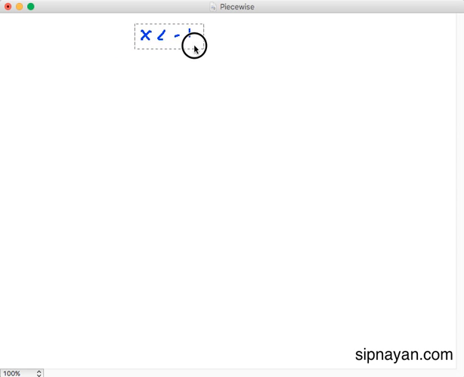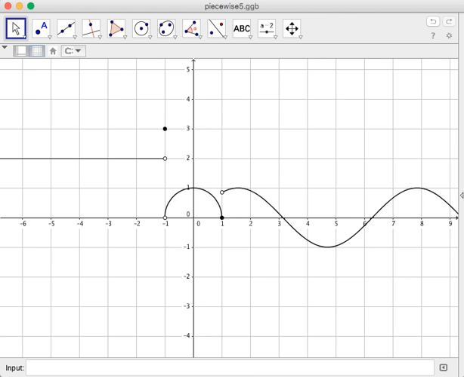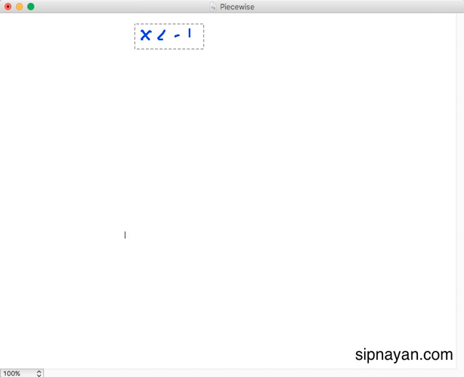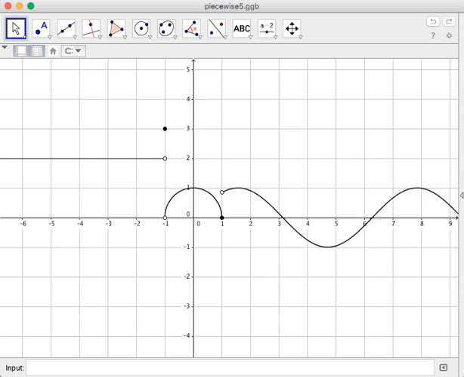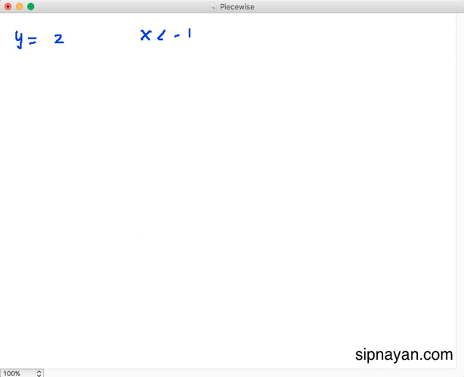Now, so what is the equation of the graph, no? Again, this is y equals 2. So, if we name the function h, for example, instead of writing y equals 2, we can write h of x equals 2.